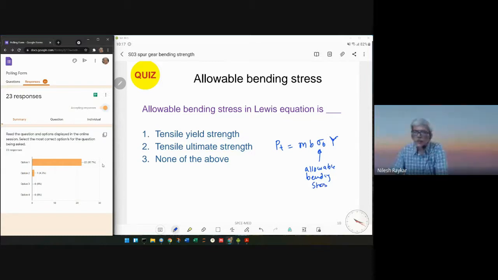This allowable bending stress is considered as a function of tensile strength. Usually the allowable bending strength is taken as ultimate tensile strength by 3, sorry.